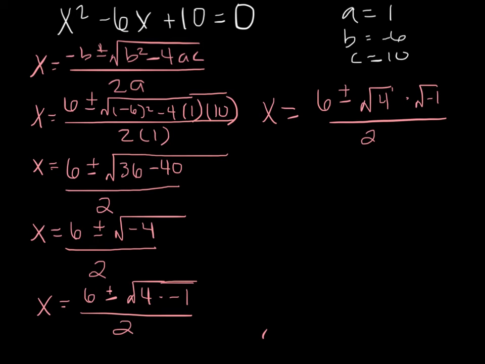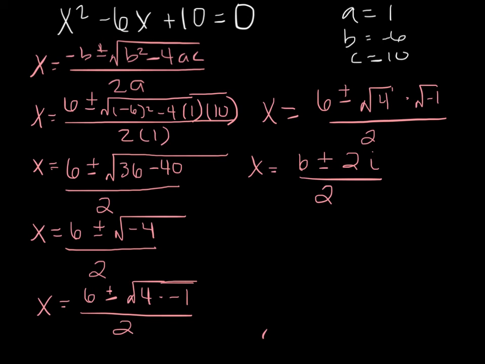All right, so now we have x equals 6 plus or minus. We get the square root of 4. What times itself gives us 4? The answer would be a 2. And then we just learned that i is the imaginary number, and it is the square root of negative 1. So we have 2 times i, right? All over 2.